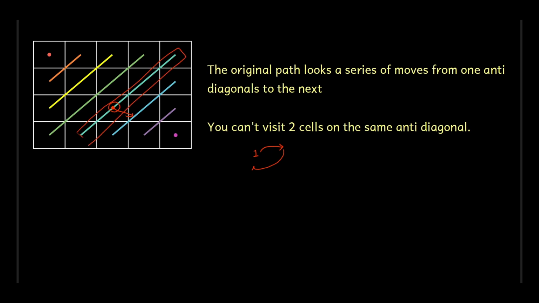And since we know that in each operation, d increases by exactly 1, there is no way that you can miss any anti-diagonal. So you have to start with this anti-diagonal, then go to one element in this anti-diagonal, then exactly one element in this anti-diagonal, then exactly one element in this anti-diagonal, and so on.